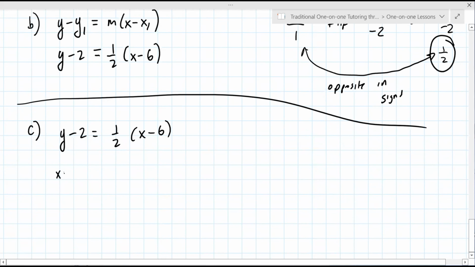The x-intercept is when y equals 0. What that means is you're going to put 0 in for y. I'd like you to solve for x. It's a little bit harder, but you can still do it.